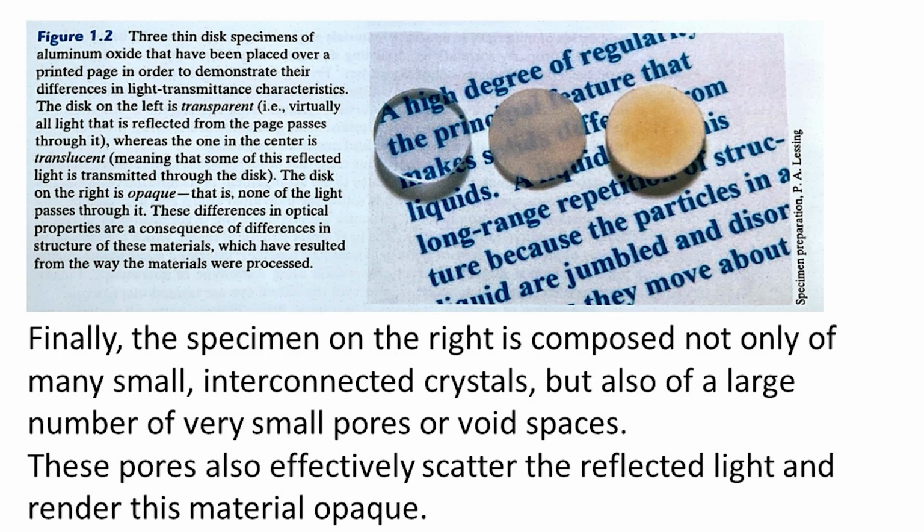Finally, the specimen on the right is composed not only of many small interconnected crystals, but also a large number of very small pores or voids, that is air. These pores effectively scatter the reflected light, and the material is not transparent.